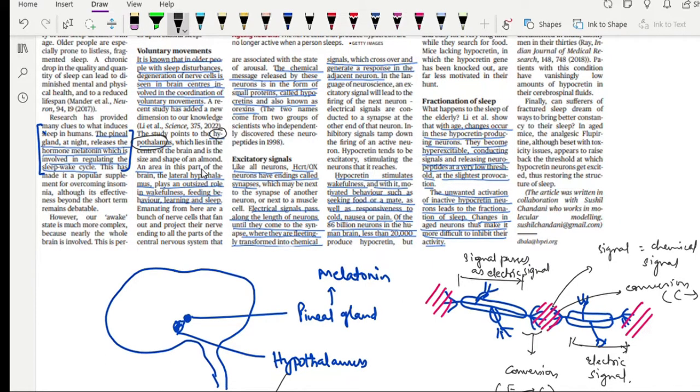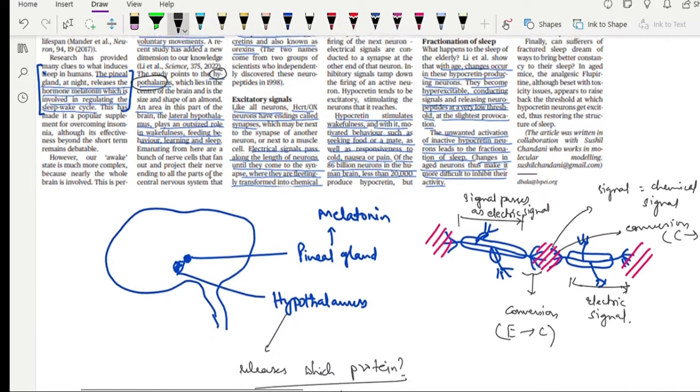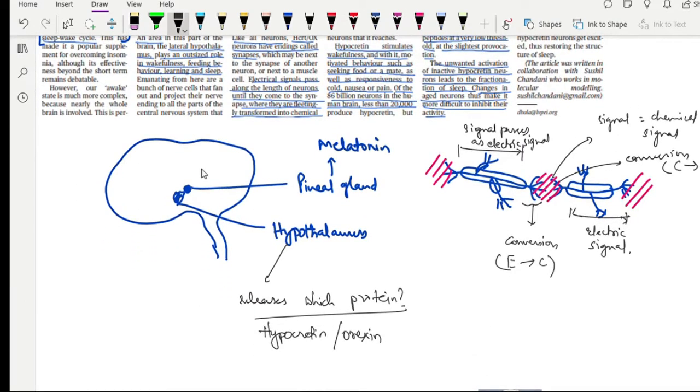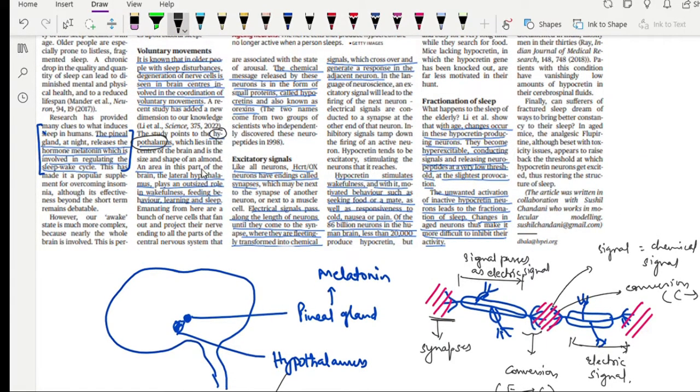Like all neurons have an ending called a synapse. So what is this ending called? This ending is called synapses. Now let's see. Electrical signals pass along the length of the neurons. You understand that this unit of the brain, or say cell of the brain, is called what? Neurons. And the ending is called synapses.